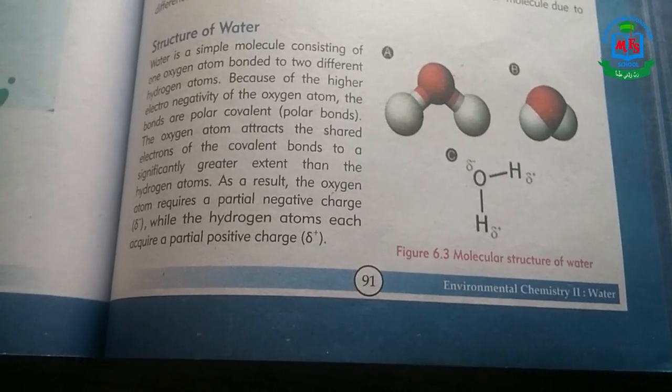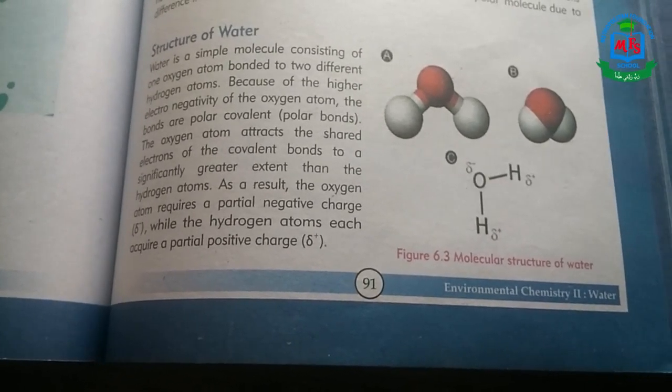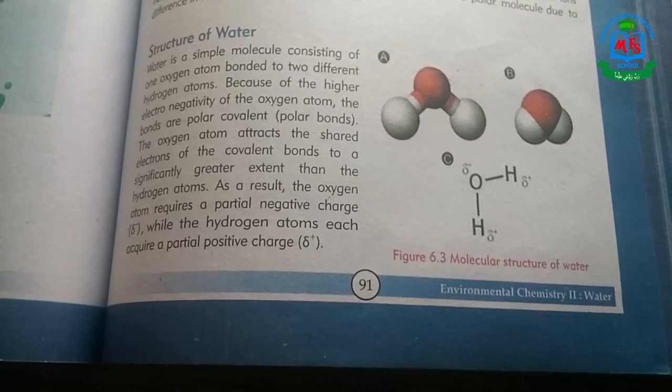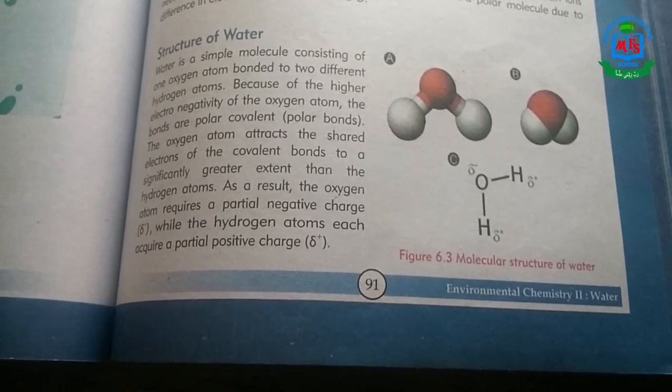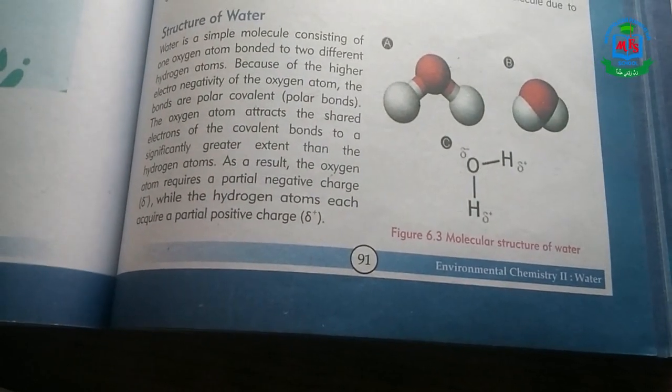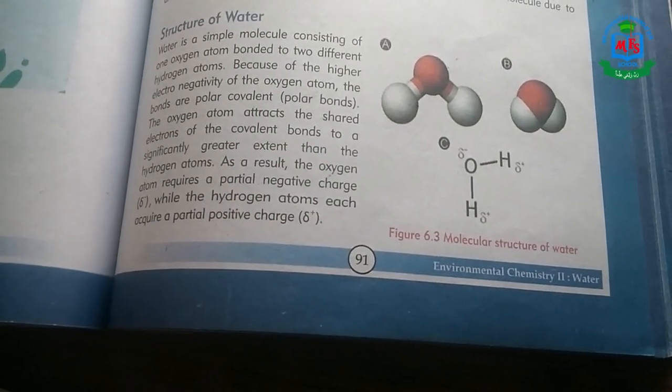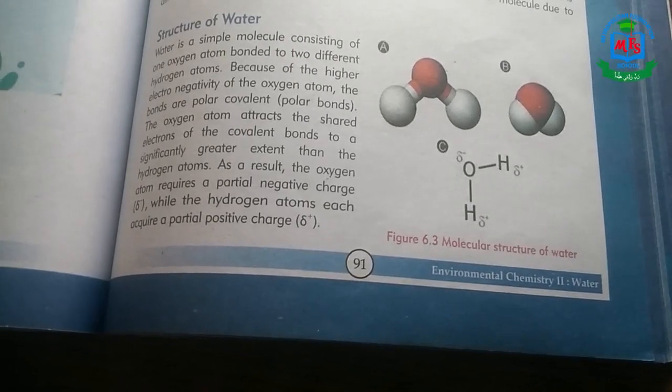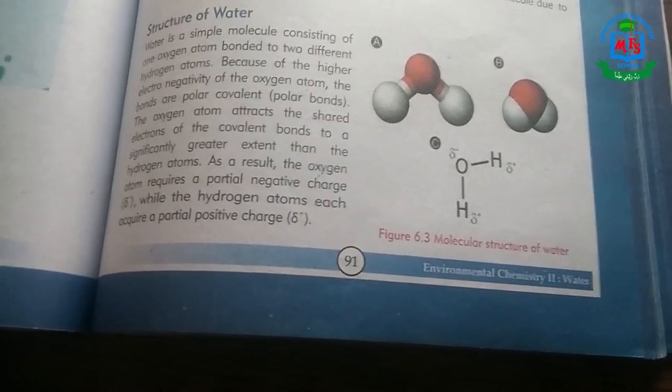As you know students, we discussed the chapter Environmental Chemistry Part 2 in the previous lecture. In this lecture, we continue this chapter and discuss another topic, that is the structure of water.